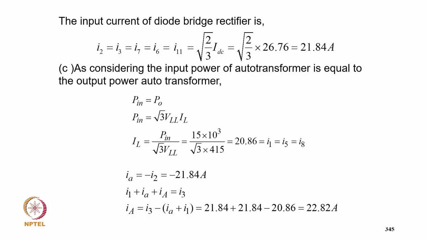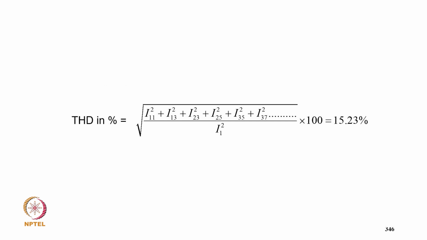And taking I1 plus IA, capital IA comes I3 minus IA plus I1, it comes 22.82. And THD comes considering 11, 13, 23, 25 and 35, 37 harmonics, current square under root sum of power over I1 squared, times 100, that comes 15.23%.